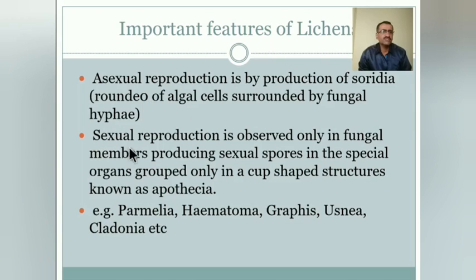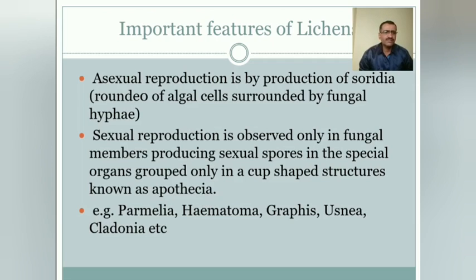Sexual reproduction is observed only in the fungal member, not in the algal member, producing sexual spores. The fungal member produces the sexual spores in a special organ, a cup-shaped structure known as the apothecia. In that cup-like body the sexual spores arise, and further that fungal member grows into the lichen.